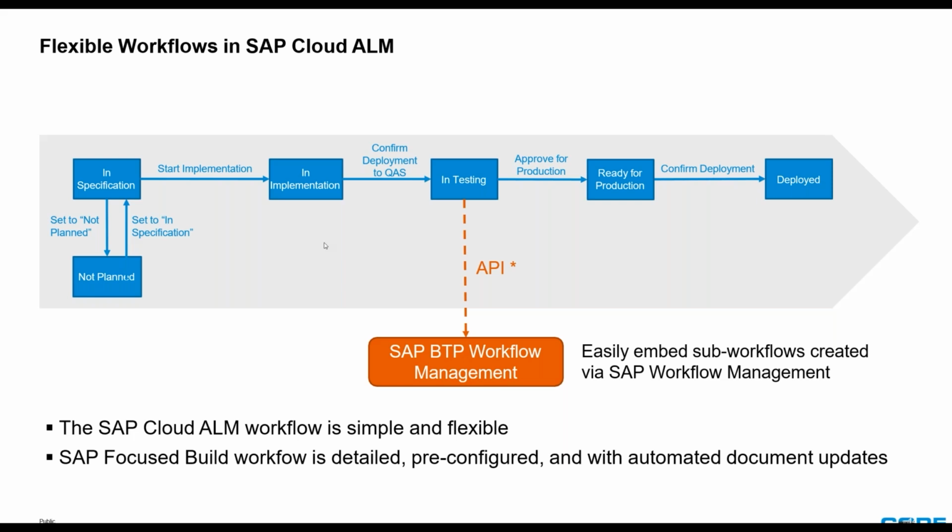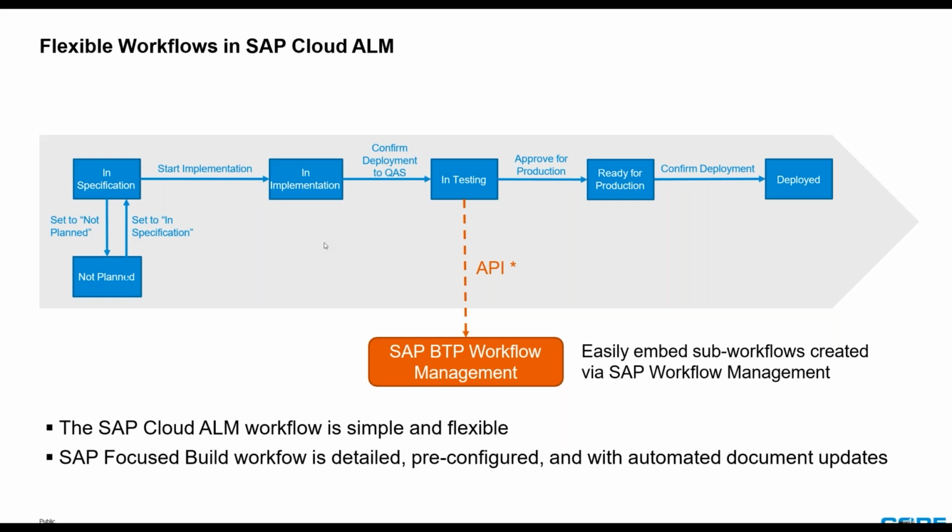Therefore, you can control it even if you do not decide to integrate with an external workflow such as SAP has here. Now, if that's not sufficient for your needs, then you can also have SAP BTP workflow management, for example, where you have an API between each one of these statuses, and then you could also integrate additional workflows via your SAP workflow management.